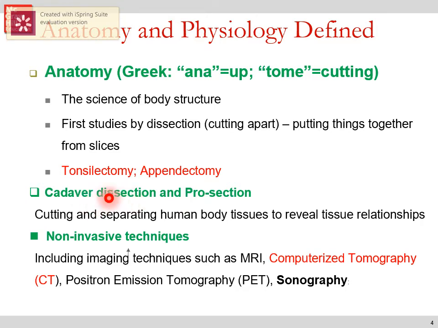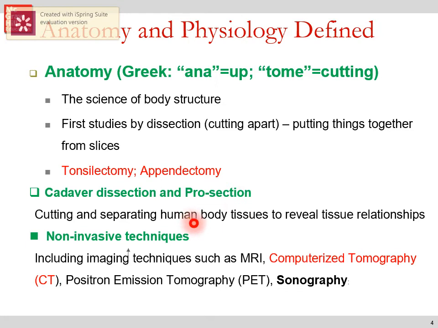Dissection is done by first removing the skin and subcutaneous tissue. So dissection is when you dissect an organism or a sample or a specimen or a human being yourself. Prosection is when a specimen is pre-dissected and you just observe it. So when it's already cut up for you to observe, you're looking at a prosected specimen.